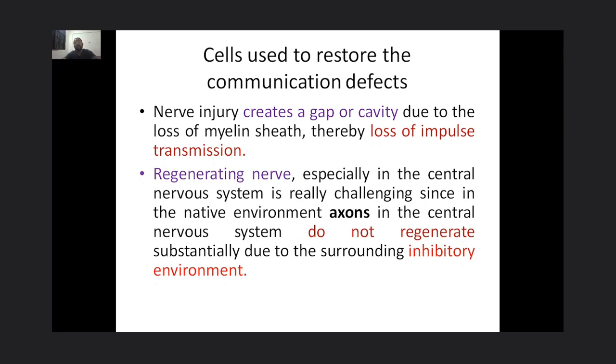Now, speaking about cells used to restore the communication defects. Communication defects concern the neurons or nervous system. Nerve injury creates a gap or a cavity due to the loss of the myelin sheath, thereby causing loss of impulse transmission.